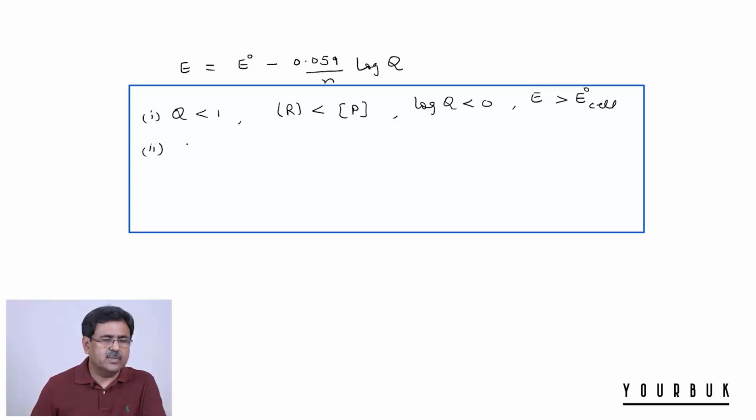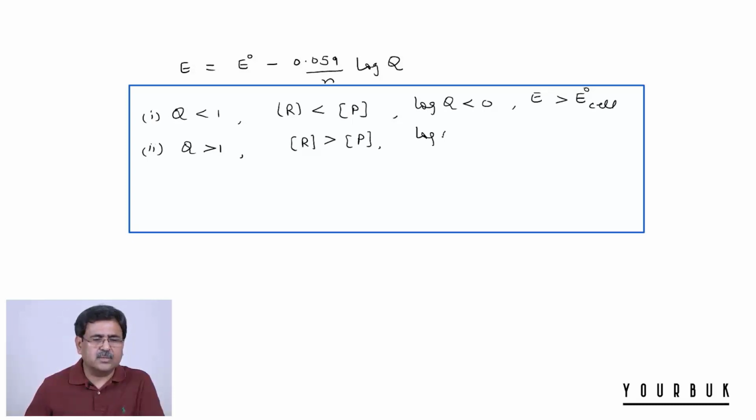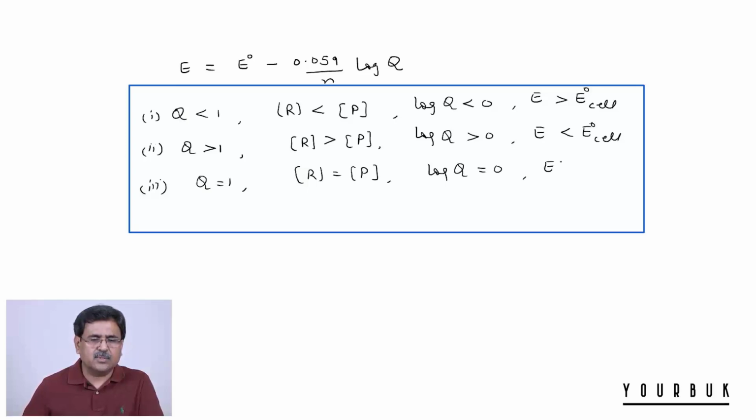The second case is if Q is greater than 1, it means the reactant's concentration is greater than the product's concentration. It means log Q is greater than 0 and E will be less than E degree cell. And the third case is if Q is equal to 1, it means the reactant's concentration is equal to the product's concentration. It means log Q is equal to 0 and E will be equal to E degree cell.